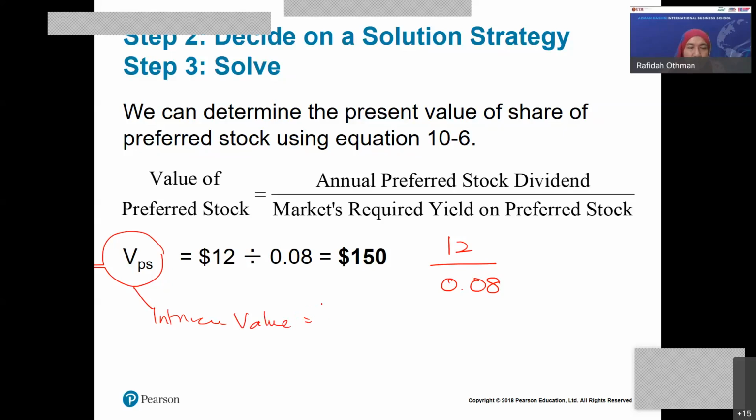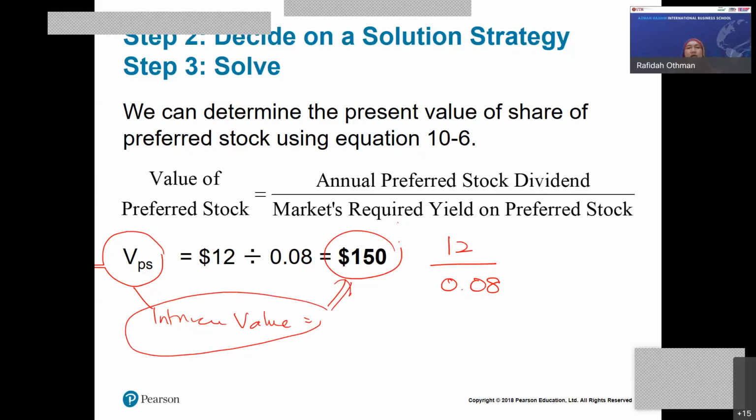The preferred stock price may be different from this value, maybe higher or lower, because this is the intrinsic value. So the market price could be higher or lower, whether it is underpricing or overpricing. Correct.